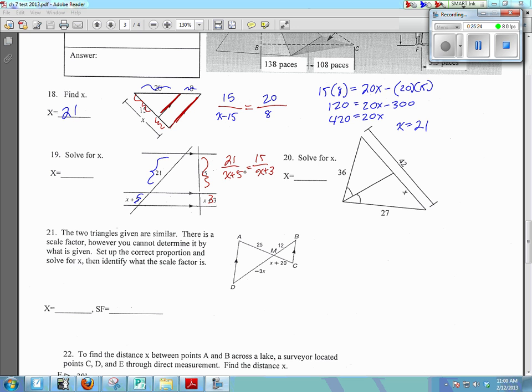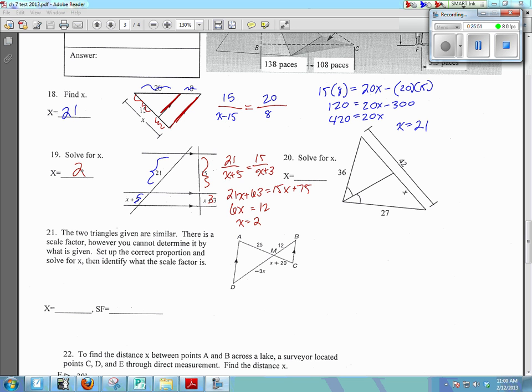Cross multiply, that's going to give you 21x plus 63 is equal to 15x plus 75. I'm going to move my 15x over, so that gives me 6x over here. I'll subtract 63 from both sides, so that gives me 12 over here. Divide by 6, and x ends up being 2.